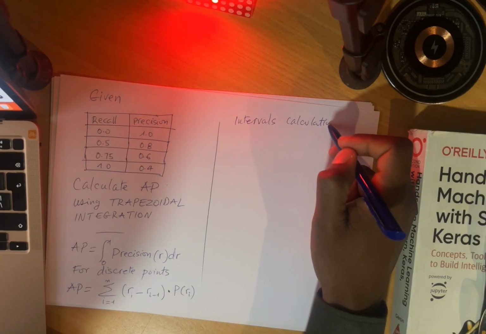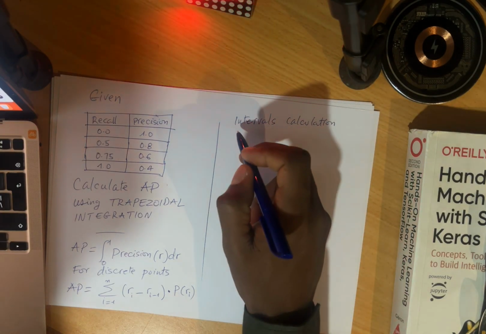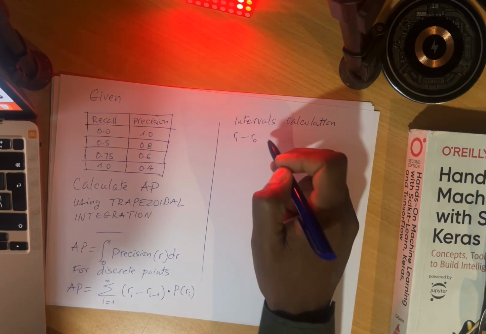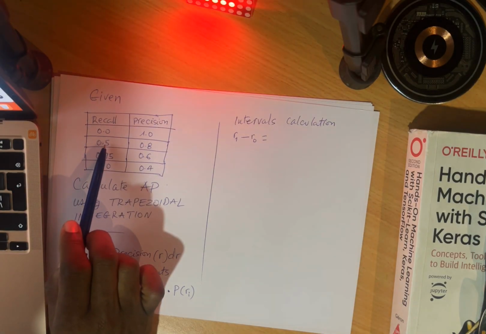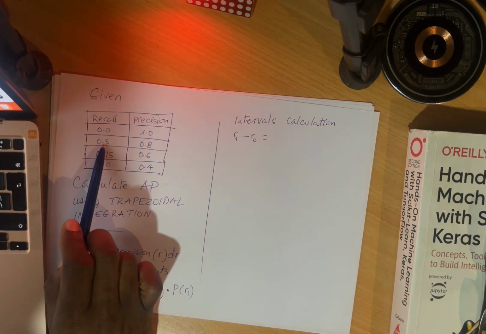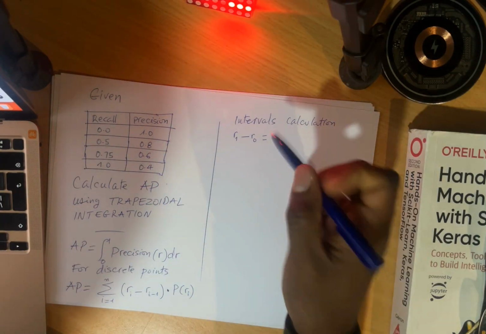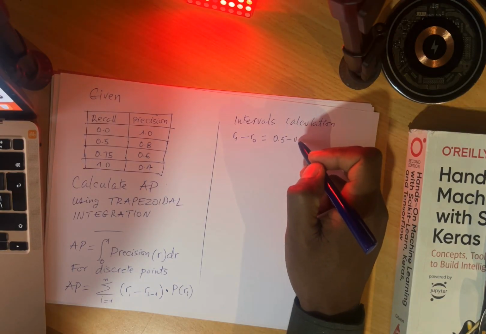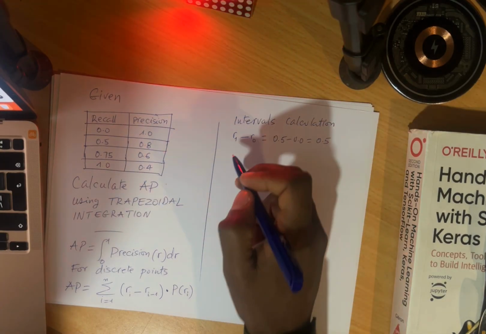We have the interval from R1 back to R0, and we have 0.5 minus 0. That's 0.5.